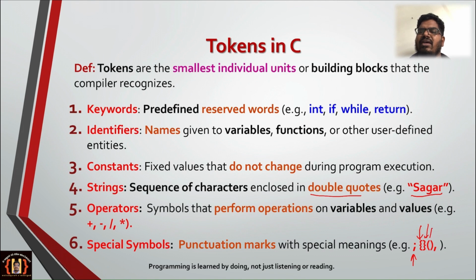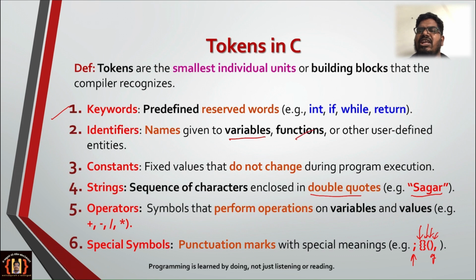And we have opening and closing parentheses, usually used in functions while passing parameters. Also you will have the comma operator, which is used to separate variables or other things depending on the context.